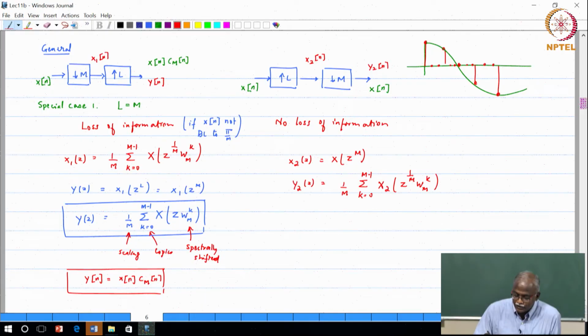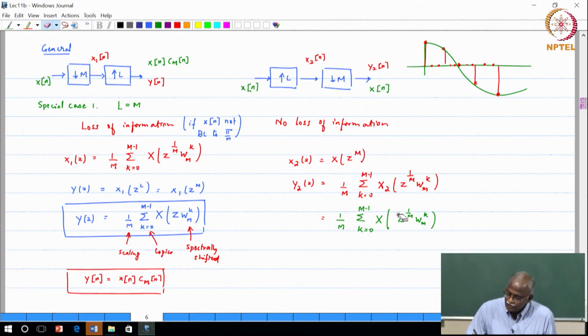Wherever there is x2 of z, I am going to have to replace it with x of z power M. That means the argument of x2 is going to be raised to the power M as an argument of x: 1 over M summation k equal to 0 to M minus 1 x of z power 1 by M W_M raised to the power k, this whole expression raised to the power M.